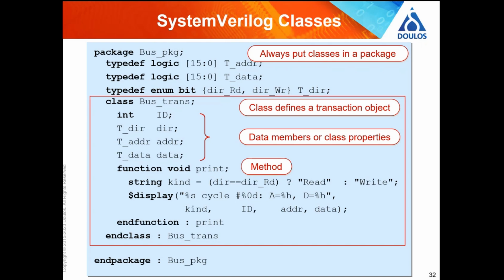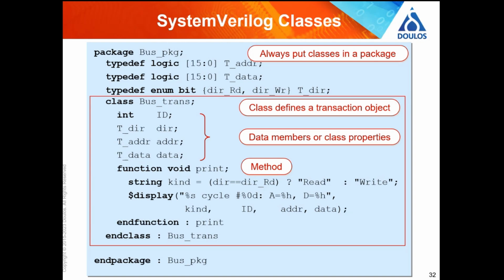So our transaction has a direction, and if you look a few lines up, this type says read or write, and then it has an address and a data. So you can see there are some examples of type definitions in SystemVerilog.